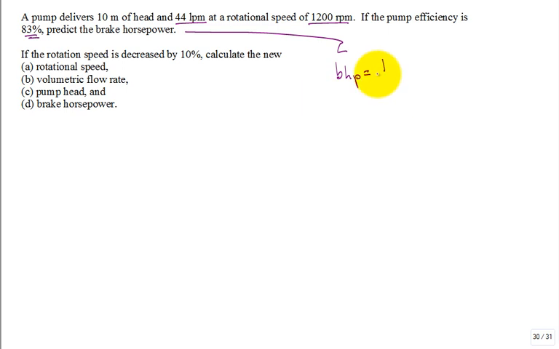Well, it'll be 1 over the efficiency of the pump times the fluid power. The fluid power is the head gain times rho g of the fluid times the volumetric flow rate of the fluid.